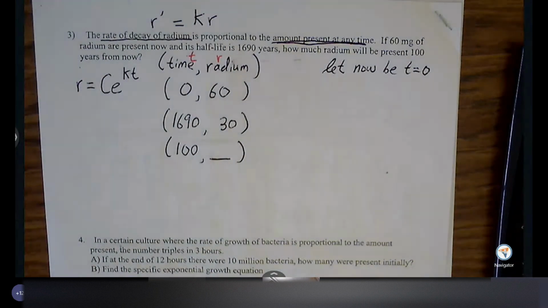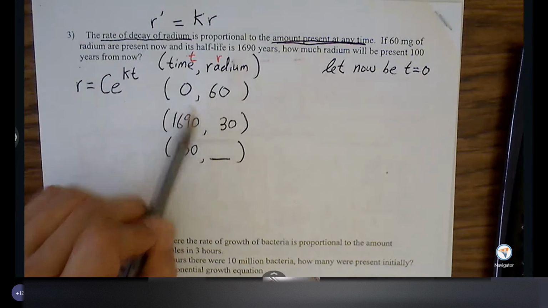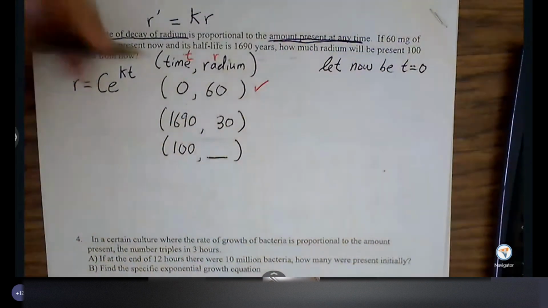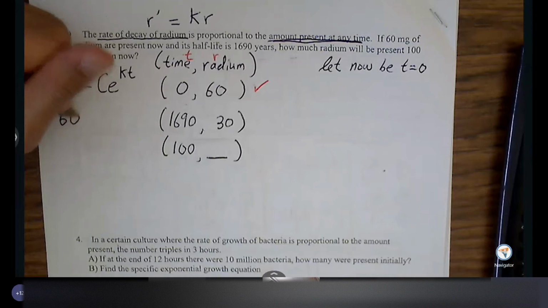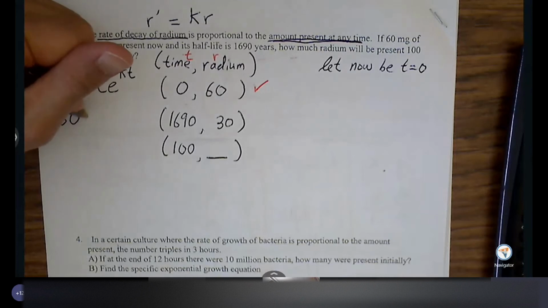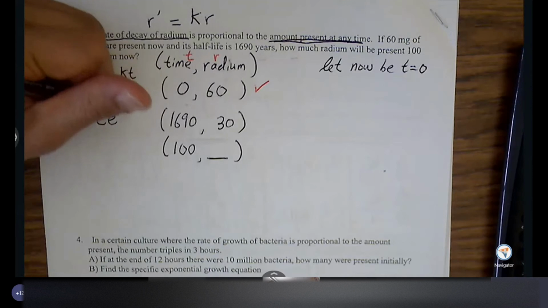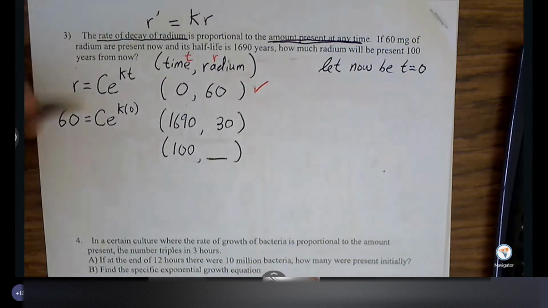One piece at a time, we'll take our easiest ordered pair. That 0 is going to help us find a value for C, or it's going to eliminate a variable for us. Very similar process.